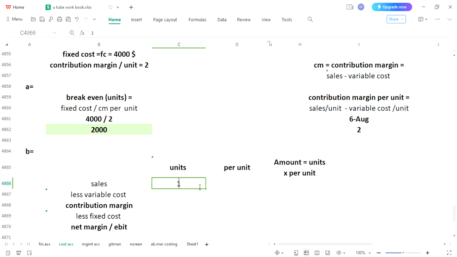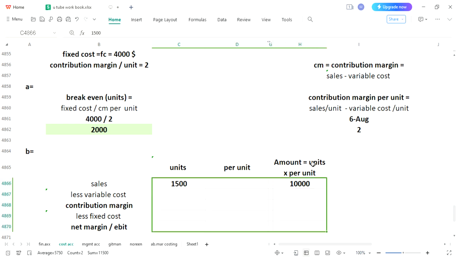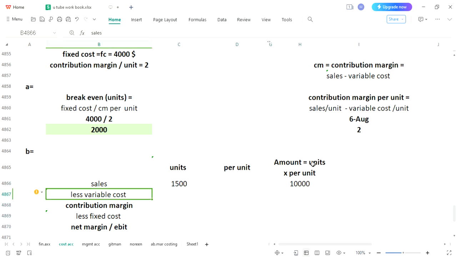Units are mentioned, 1500, but the lump sum amount is settled, that is $10,000. Per unit was not mentioned over here. That doesn't matter. In fact, per unit or units are here just to calculate the total amount, which has been mentioned in the question, and we don't need anything else after that.